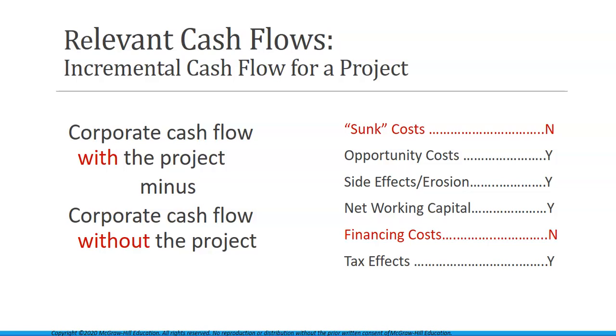Sunk costs are costs that have already occurred that we can't change or we're contracted to pay. So these are costs that taking on the project will not affect. They're sunk, already gone. Opportunity costs are costs that we give up.